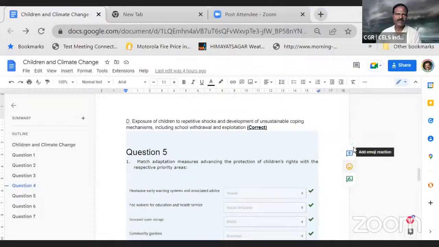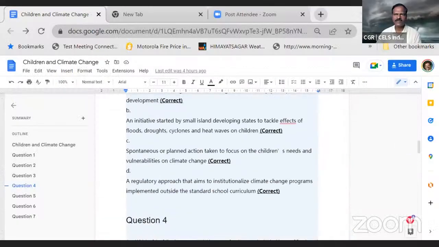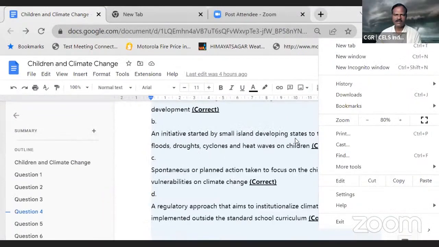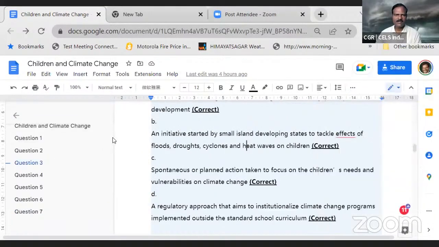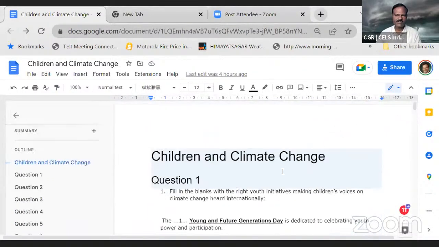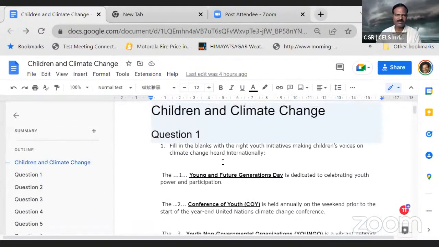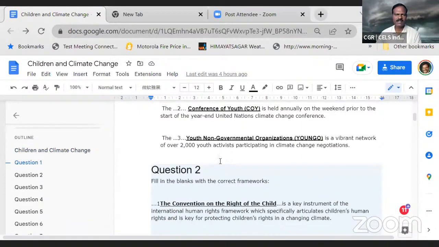So here let me just show. I have prepared a bank here. Those who want to use this bank, you can use. So here you can see the options are given. Some questions are given which are frequently asked, and some answers are also given. So you can use this as a bank to understand.